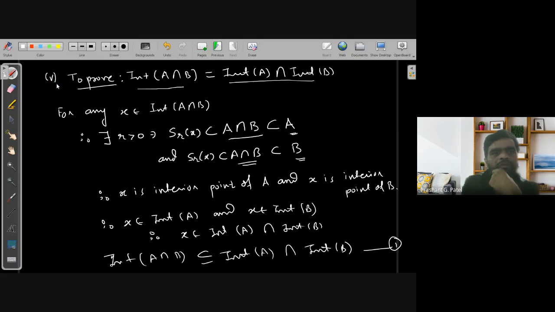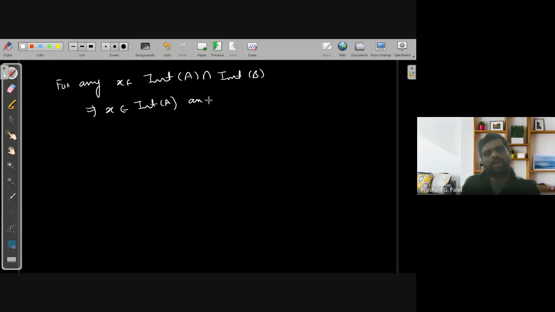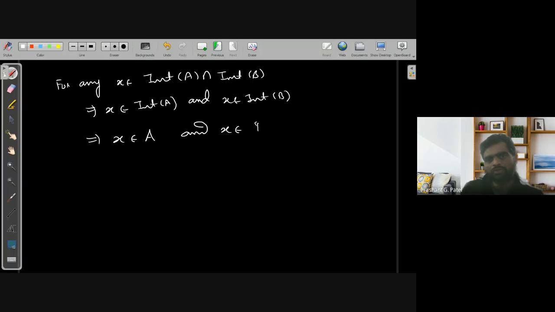For any x belonging to the interior of A intersection the interior of B, this gives you x belongs to the interior of A and x belongs to the interior of B. We note that the interior of A is always a subset of A. So this will imply x belongs to A and x belongs to B. Why?